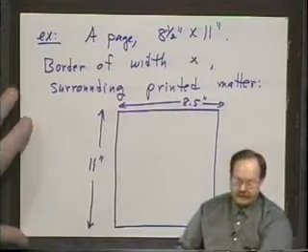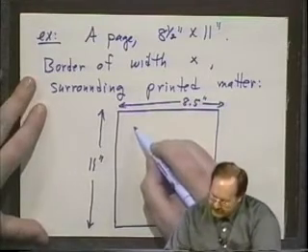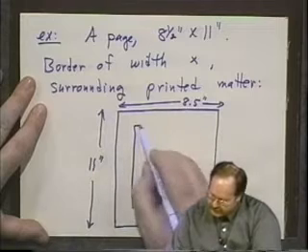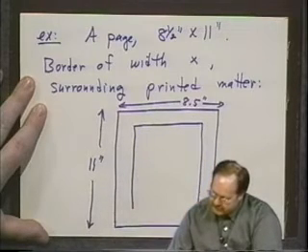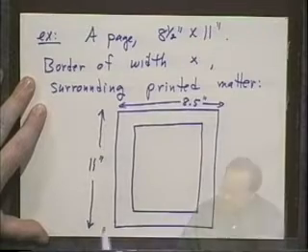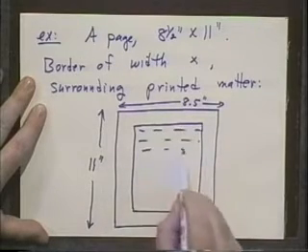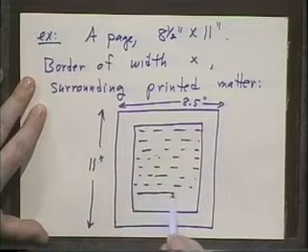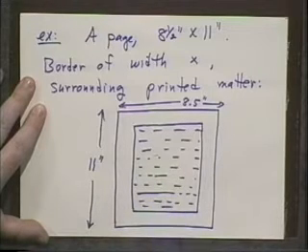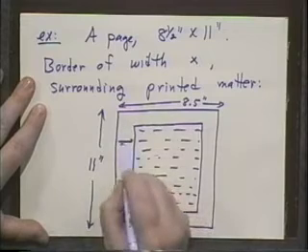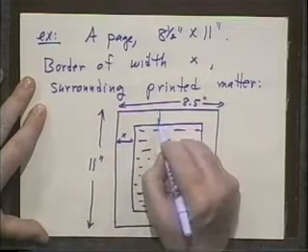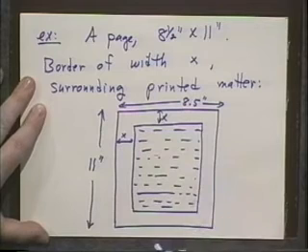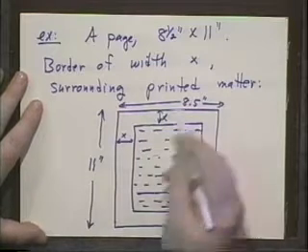And then what we've got in here is printed matter separated from the edge by a border that's always the same. So in here, there's some printed matter. This is my way of indicating printed matter. There's a long sentence, okay? And the border is the same all the way around. x there, x this direction, and x in the other two. So we have this uniform border.